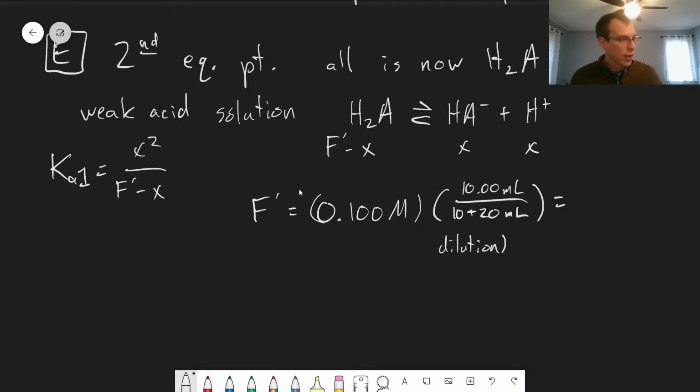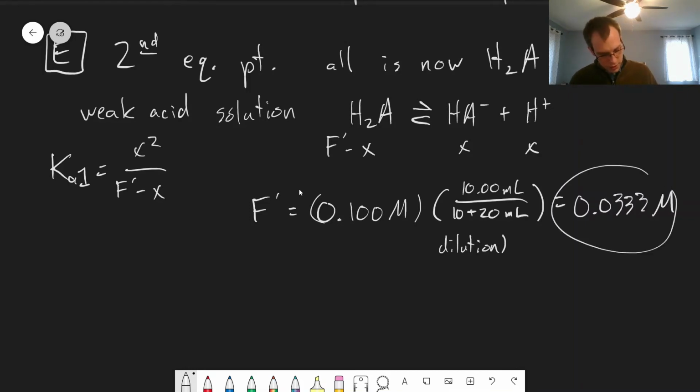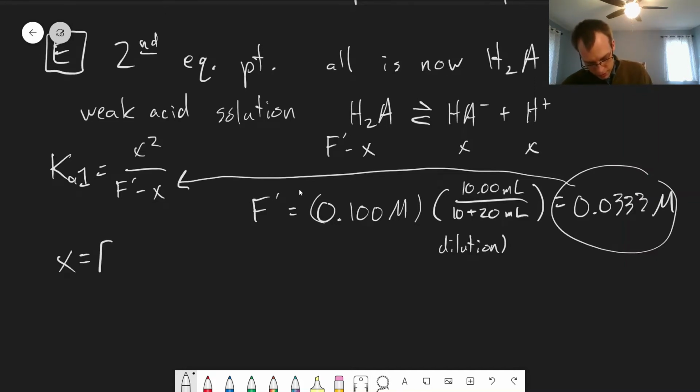Okay, so that means our final concentration is 0.0333 repeating molar, and then we can plug this in as our F prime in this equation. So we'll solve for this. This gives us X, which again in this case is equal to H plus, because now this is an acid. 5.72 times 10 to the minus 4 molar.